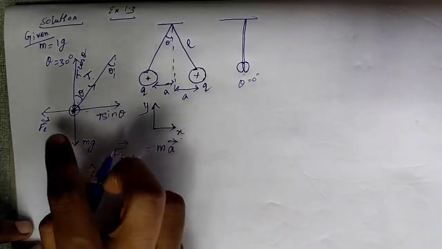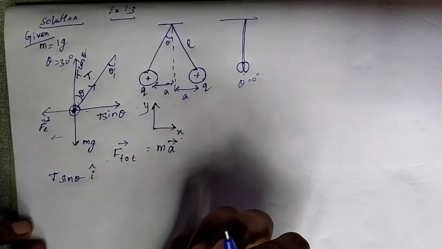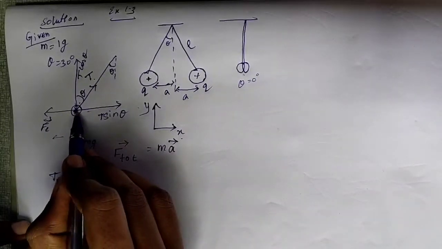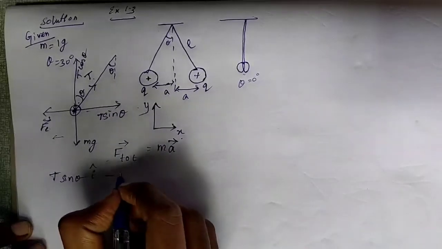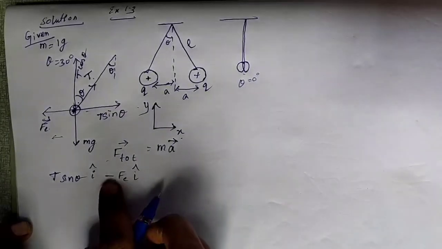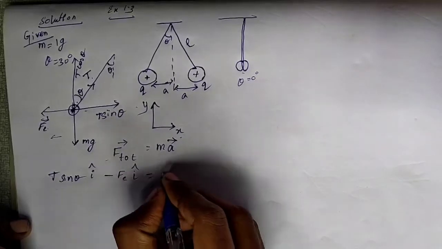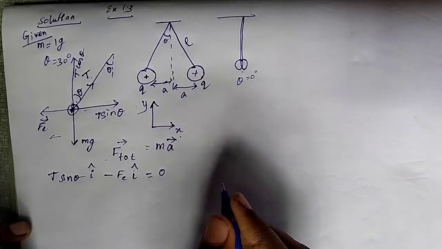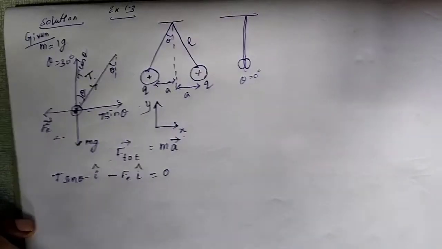Fe acts along the negative x direction. Consider this is the origin, this is positive x and this is negative x. So minus Fe i cap. For the negative x direction I use minus. This force is balanced, so in the x-axis the net force is balanced.